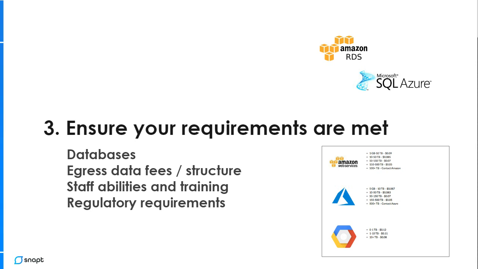And then you also need to consider, especially at larger enterprise, regulatory requirements, right? For example, maybe you're working with government and you need a cloud provider that has an acceptable environment for you to deploy into for federal work or things like that. Another big thing that we're seeing lately is data sovereignty, right?